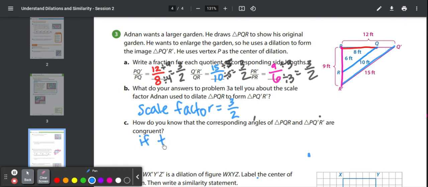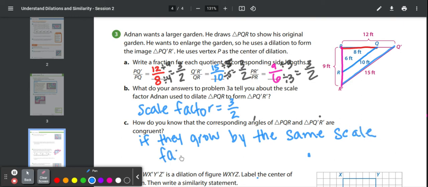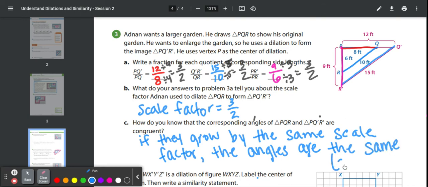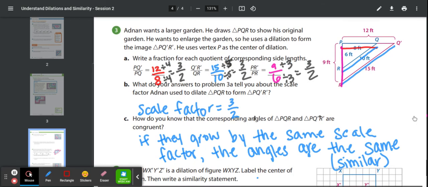So if they grow, and I'll even put in parentheses here, they're similar. Okay. Feel free to pause if you need to.